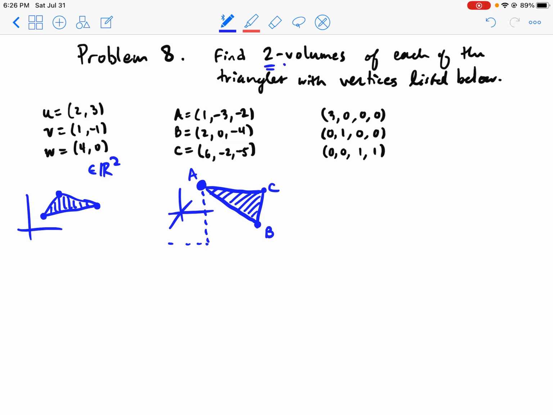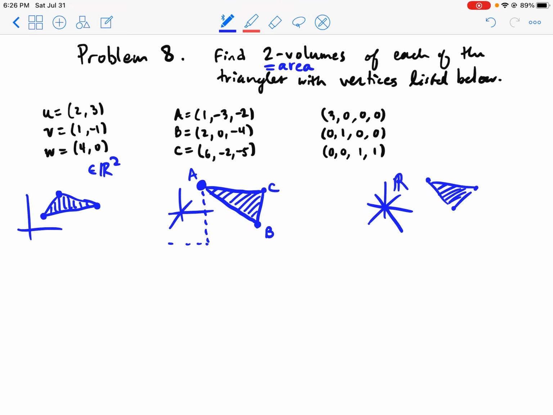2 volume equals area, because we'll also want to find 3-dimensional volumes, 1-dimensional volumes, which are lengths, 4-dimensional volumes, 5-dimensional volumes, etc. Then in 4 dimensions we can't draw it, but there's 3 points somewhere, and their convex hull is again a 2-dimensional object.